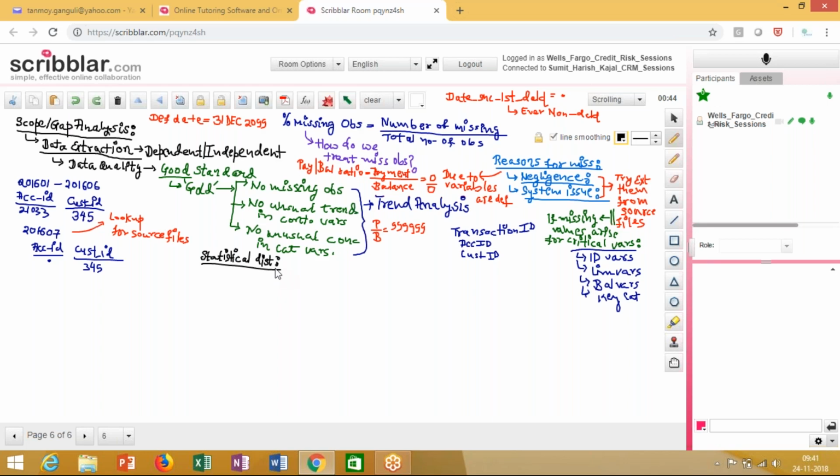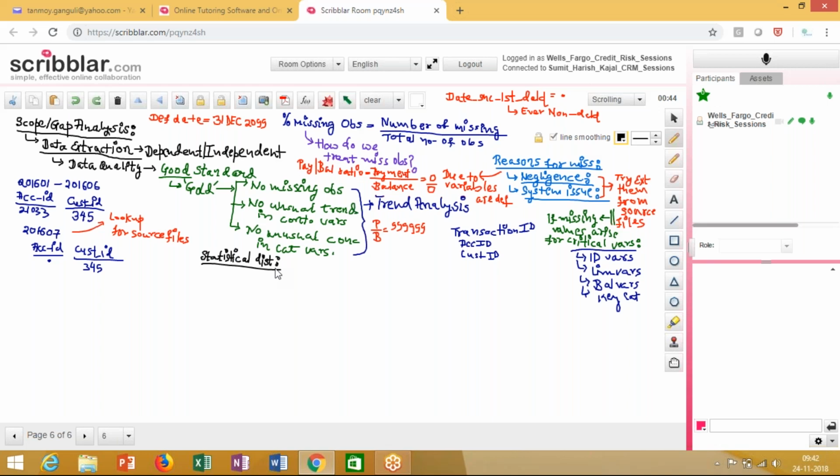So if you are using a statistical distribution to impute a missing value, you may be losing out on information, because every variable that we have mostly in risk is account level information.